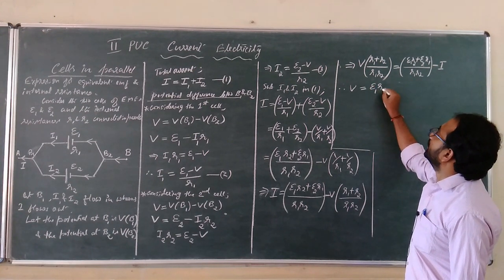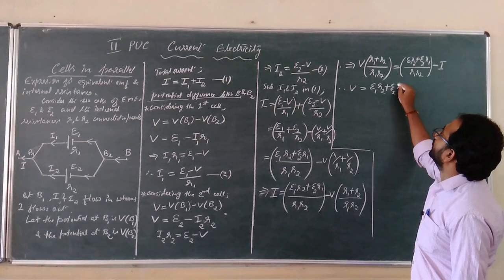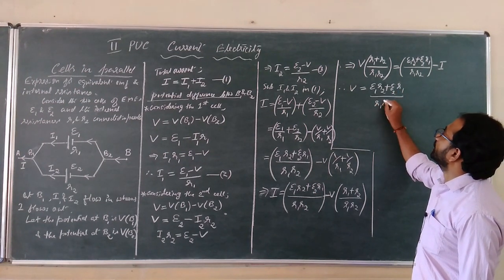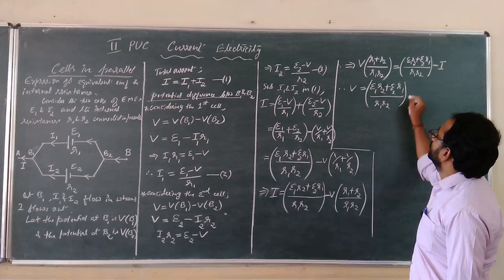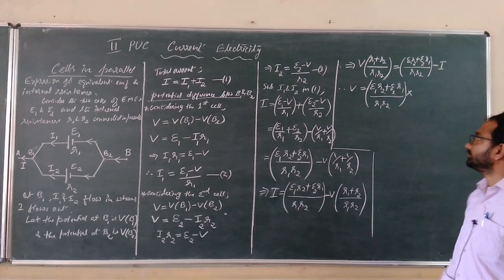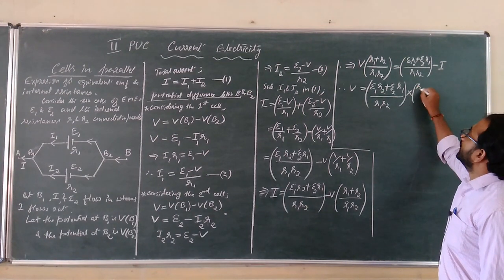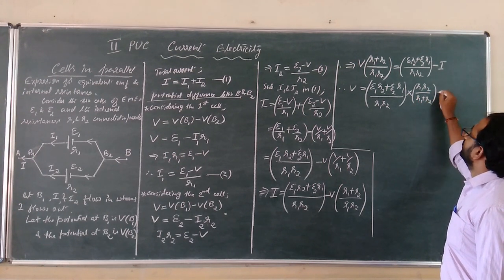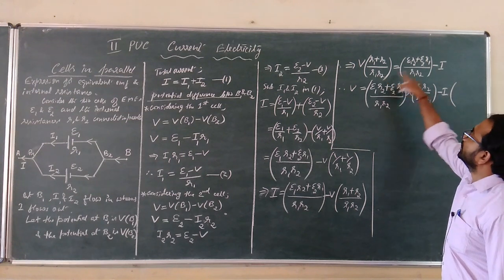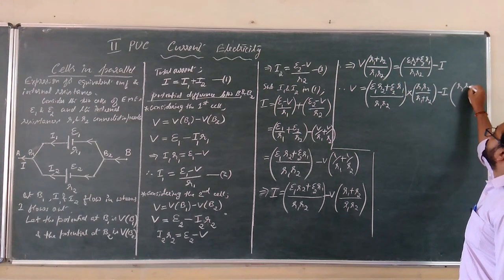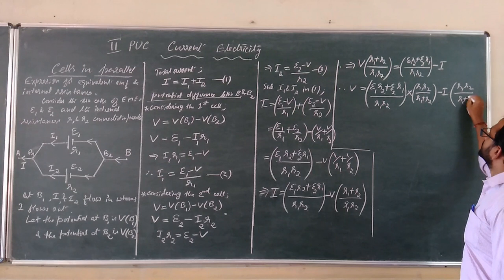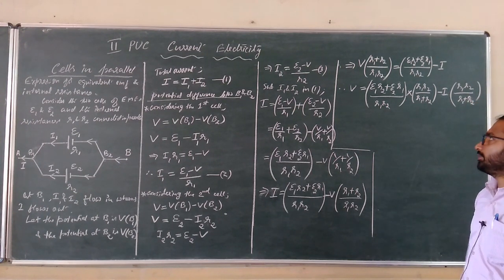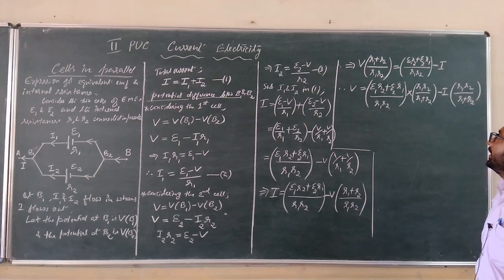So therefore (E1 R2 plus E2 R1) divided by R1 R2 into R1 R2 divided by R1 plus R2, minus I into R1 R2 divided by R1 plus R2. Or I can say, multiply the entire equation by R1 R2 divided by R1 plus R2.